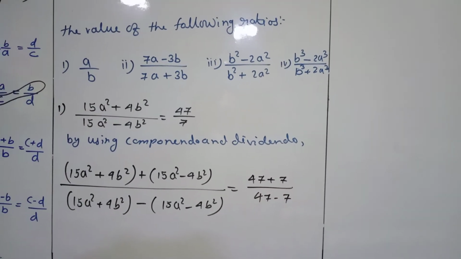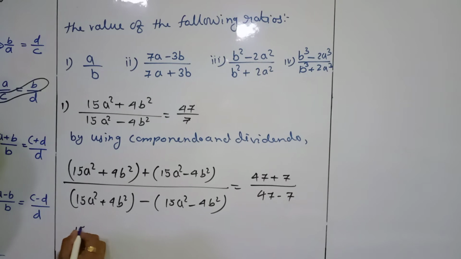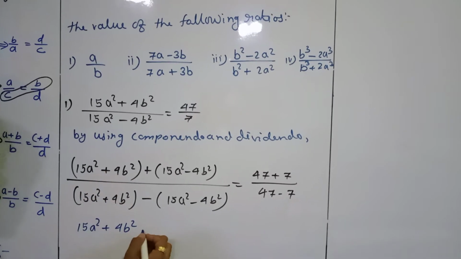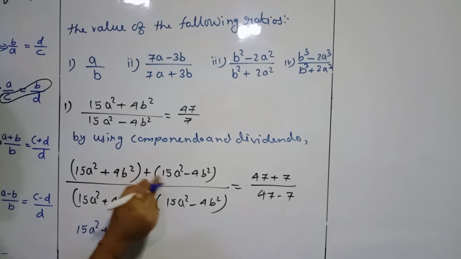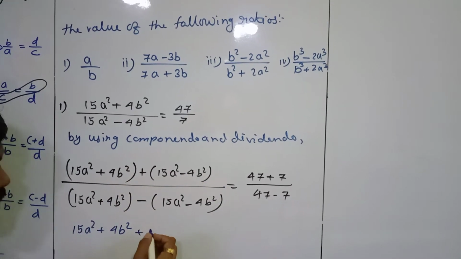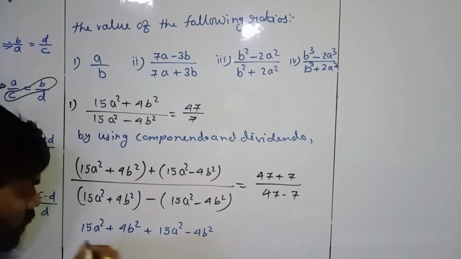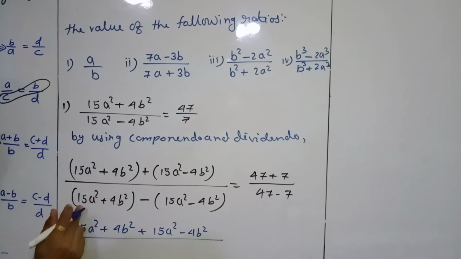In the next line, open the bracket. 15a square plus 4b square as it is. Here we have the plus, so this bracket also has its own sign, we are never going to change. 15a square minus 4b square in the denominator.